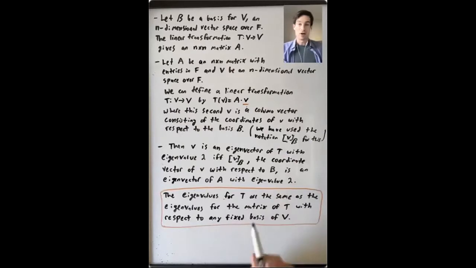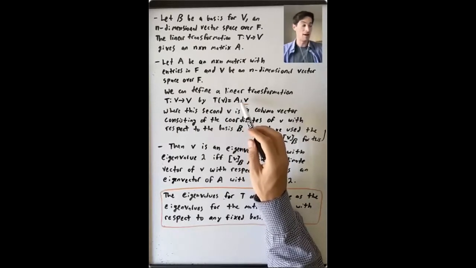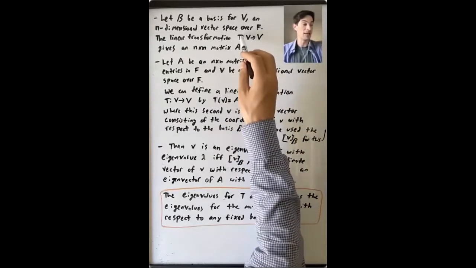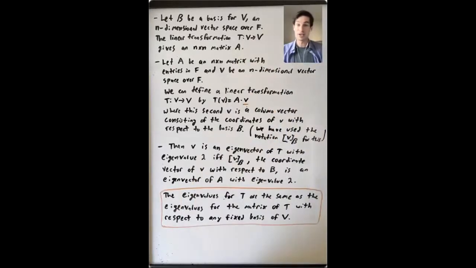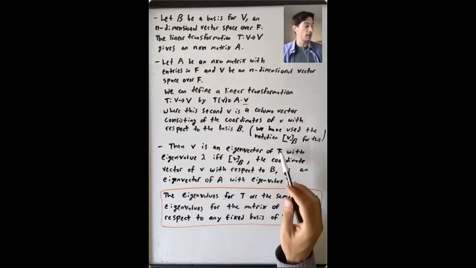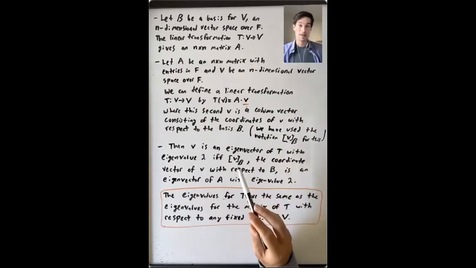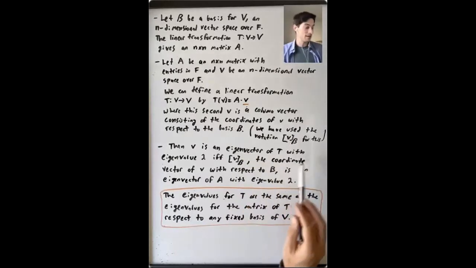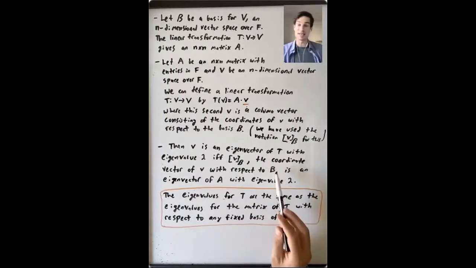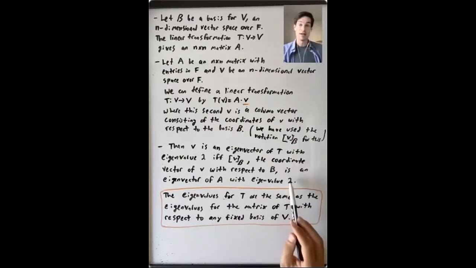Okay, so you can see by just comparing what it means to be an eigenvector for a matrix with a given eigenvalue and what it means to be an eigenvector for a linear transformation with a given eigenvalue, that some v in your vector space is an eigenvector of T with eigenvalue lambda if and only if this column vector [v]_B, this coordinate vector of v with respect to this basis, is an eigenvector of this matrix A with eigenvalue lambda.